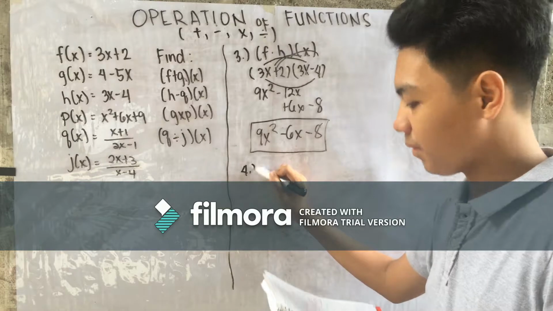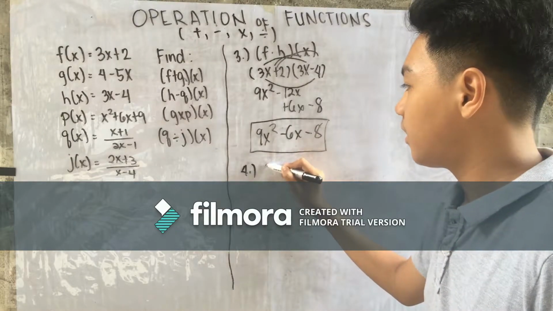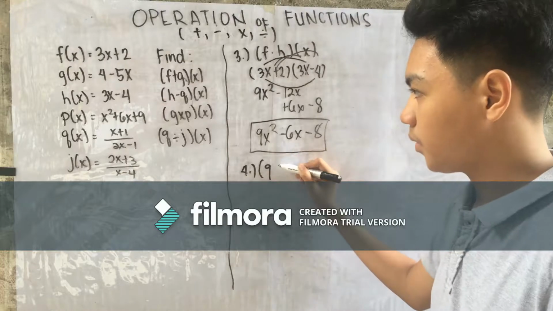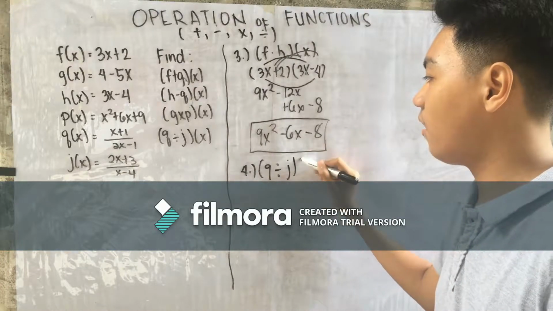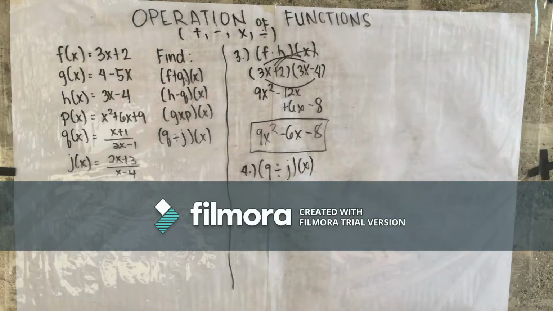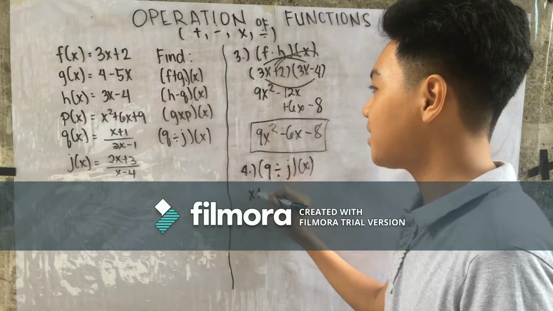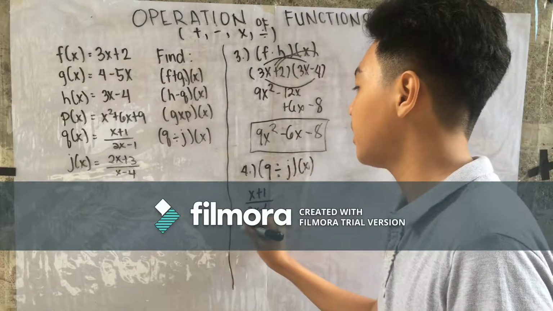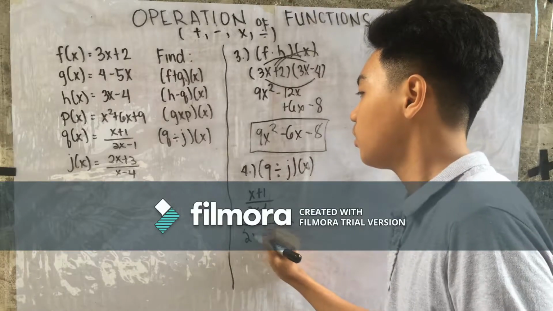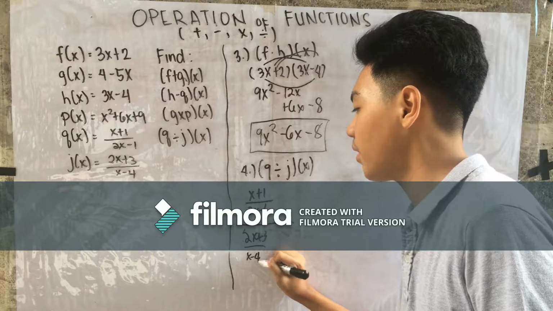So, fourth example, q of x divide by j of x. So, again, hanapin ulit natin yung values nila. x plus 1 all over 2x minus 1 divide by 2x plus 3 over x minus 4.